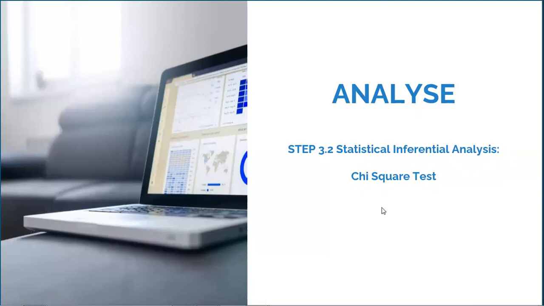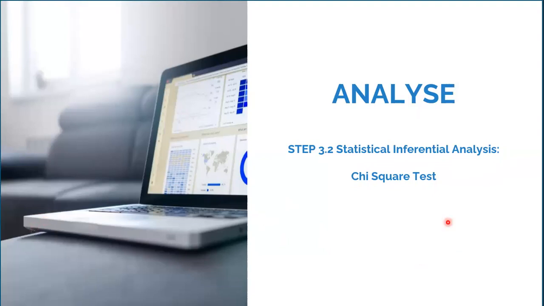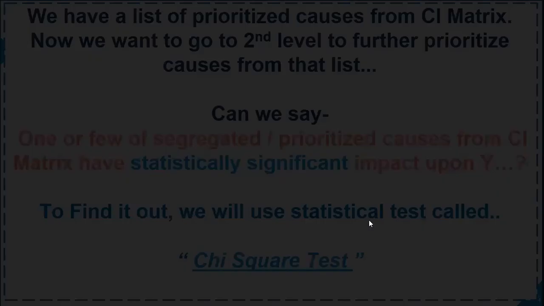For statistical inferential analysis, we're going to use the chi-square test. So do remember, we're going to use the chi-square test over here. Let's go to the next slide, please. Chi-square test. For statistical analysis in our Six Sigma projects, please do remember we're going to use the chi-square test.